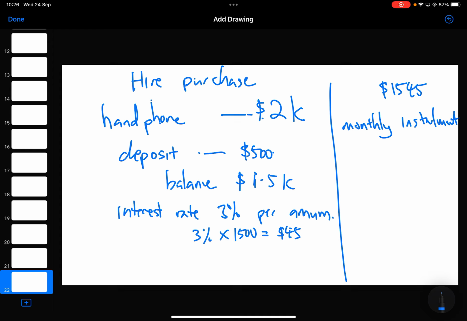One year got 12 months, so 1,545, I divide it by 12 months. That will be my monthly installment. That term is called monthly installment. So every month I pay back $128.75.